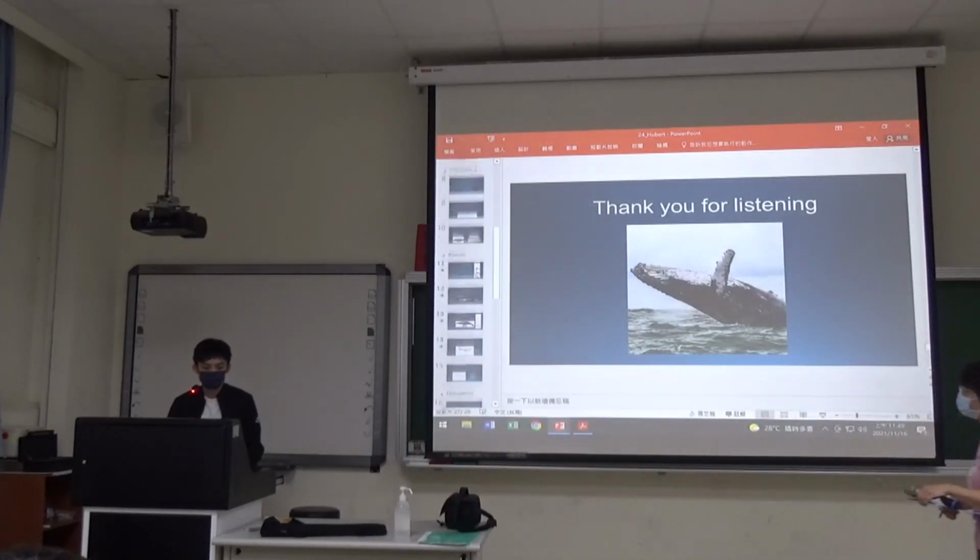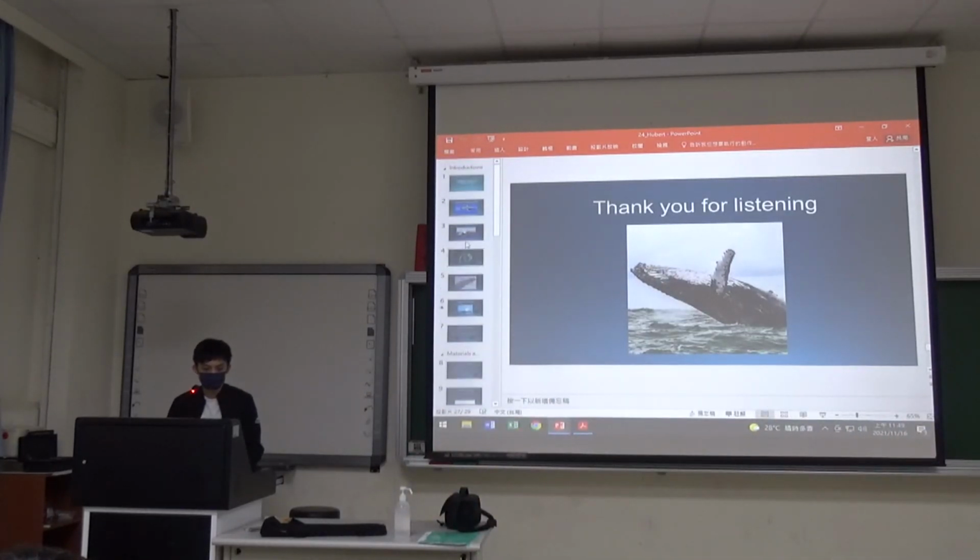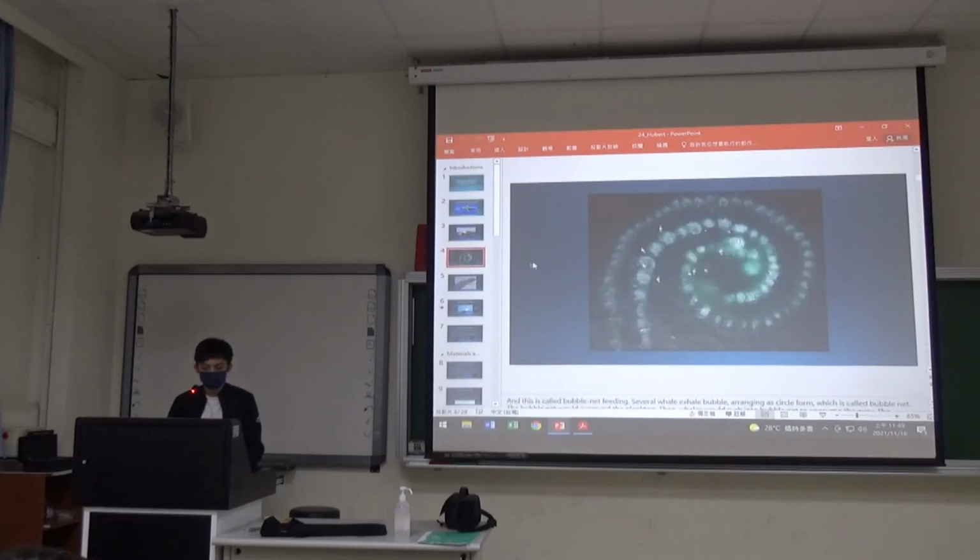Such as bottleneck feeding, I mentioned before. It requires high mobility for whales to do this feeding method.